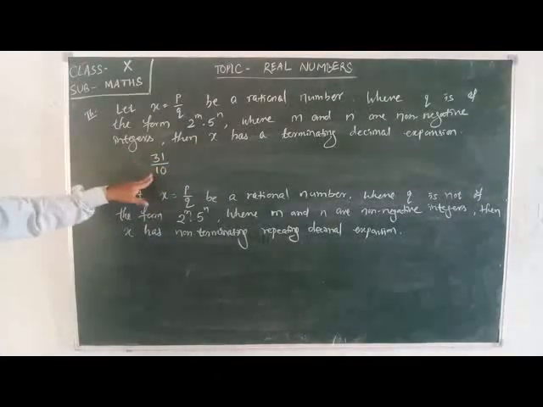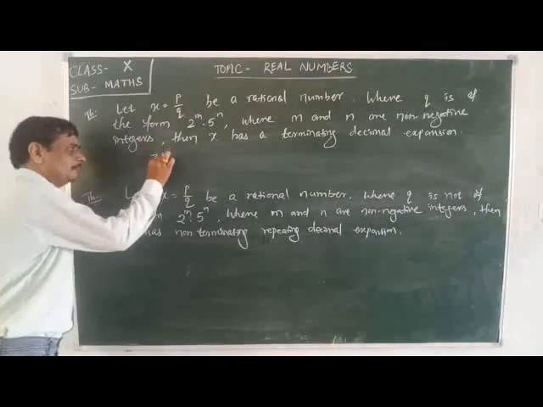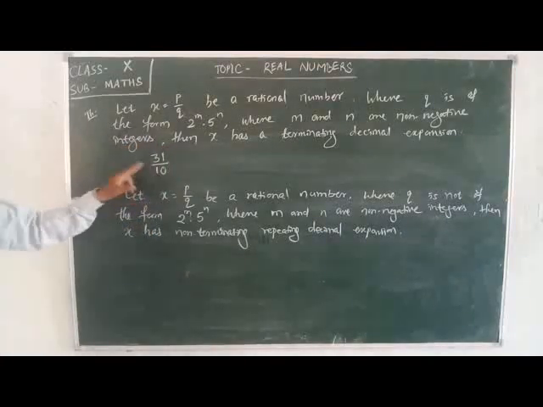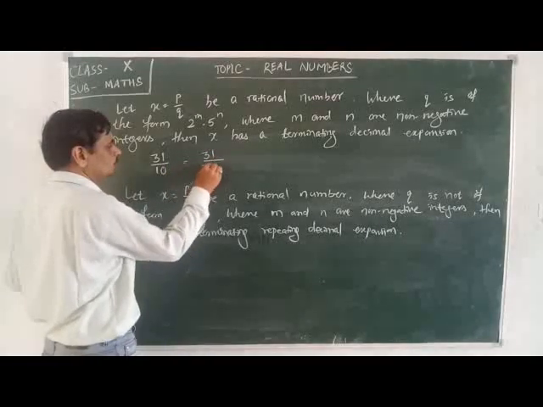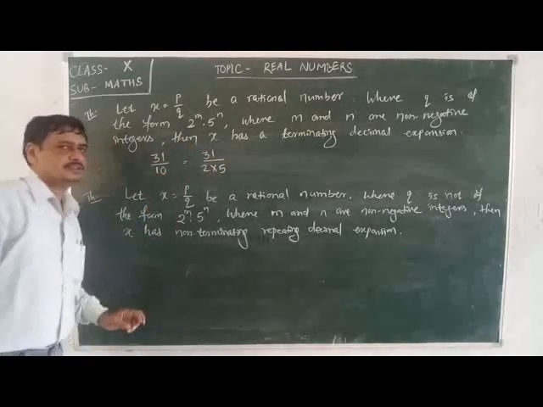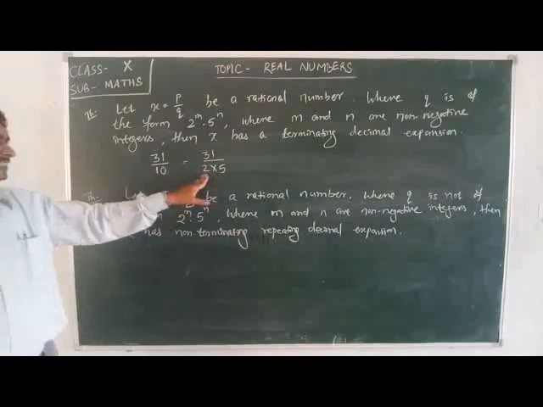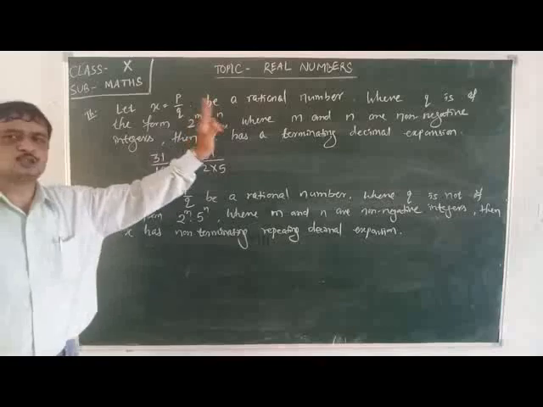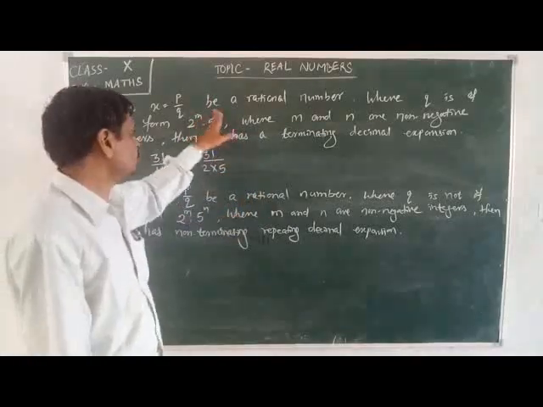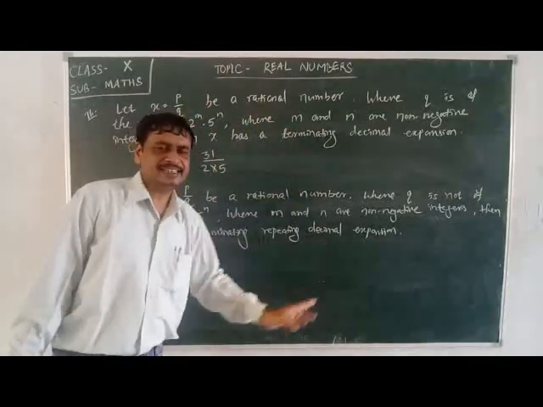In place of p it is 31, in place of q it is 10. It can be expressed as 31 by 2 into 5. Here m and n should be non-negative numbers.